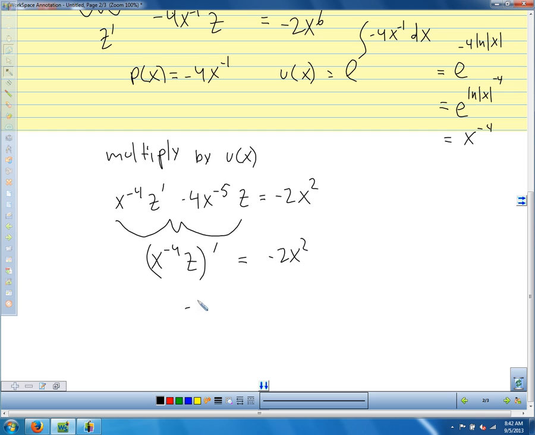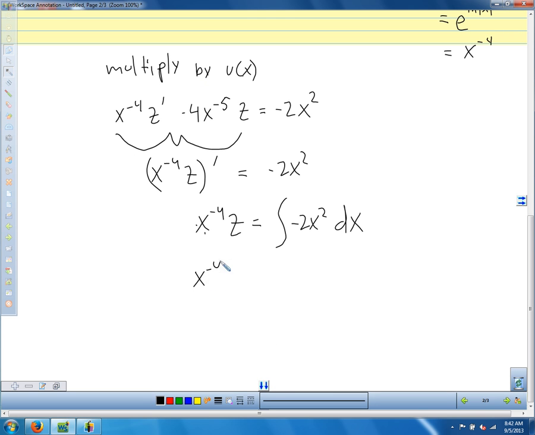Integrate both sides, so x to the minus 4 z equals the integral of minus 2x squared dx. Almost done. X to the minus 4 z equals, the integral of minus 2x squared dx is what?